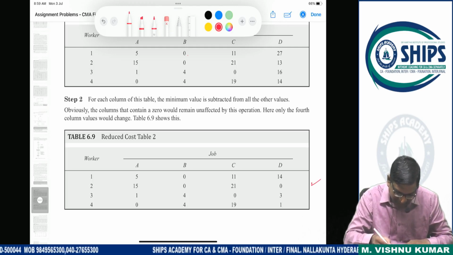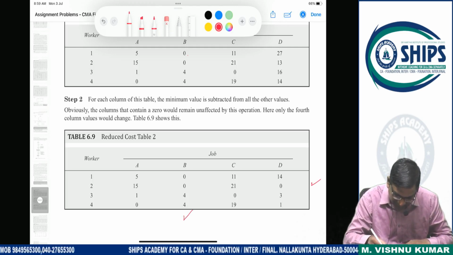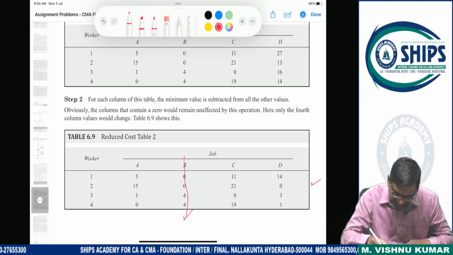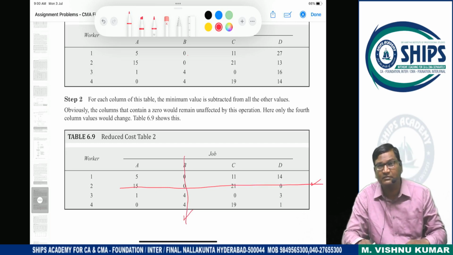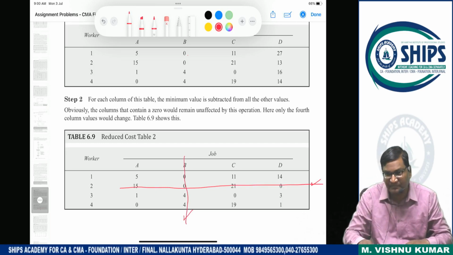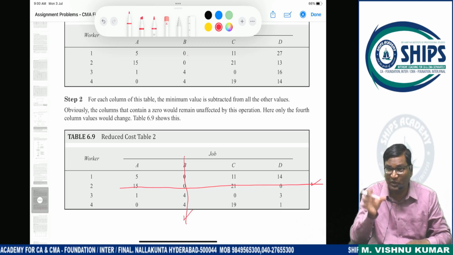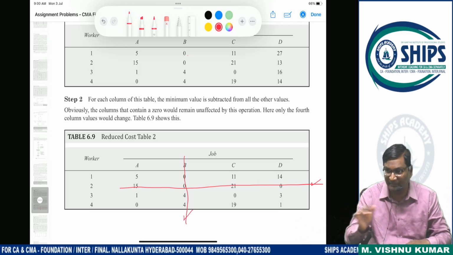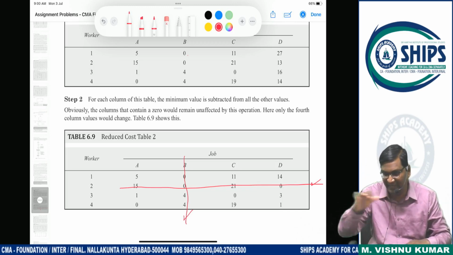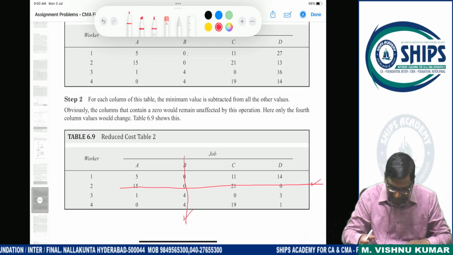Now column wise: first column 1, second column, third column, fourth column. So first eliminate this column and this row. This is the technique. First check in which column or row more zeros are coming. Eliminate that row, eliminate that column.